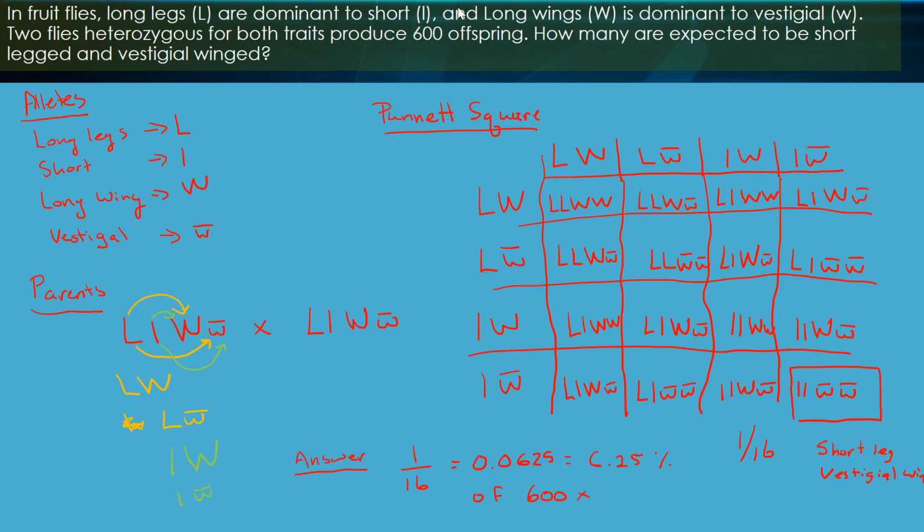And of course, we make sure the decimal is moved properly when we plug that in. You put that into a calculator. Let's just pause this and I'll get you that answer. So we get 37.5, which of course you don't have half of a fly, so that is going to be 38 that should have both recessive traits.